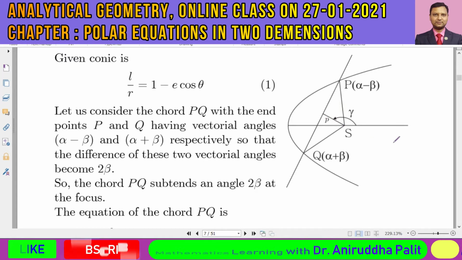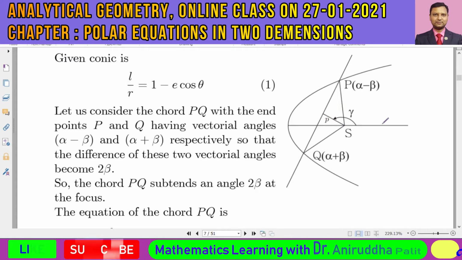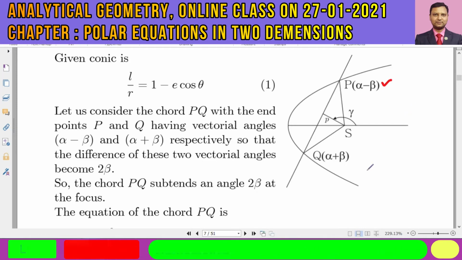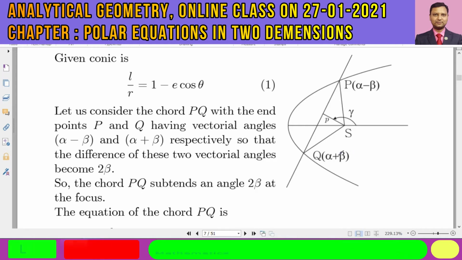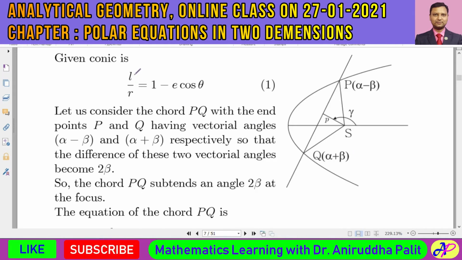And that is possible if we consider the vectorial angles of the points P and Q to be α - β and α + β respectively. In that case, the equation of the curve is taken as l/r = 1 - e cos θ.